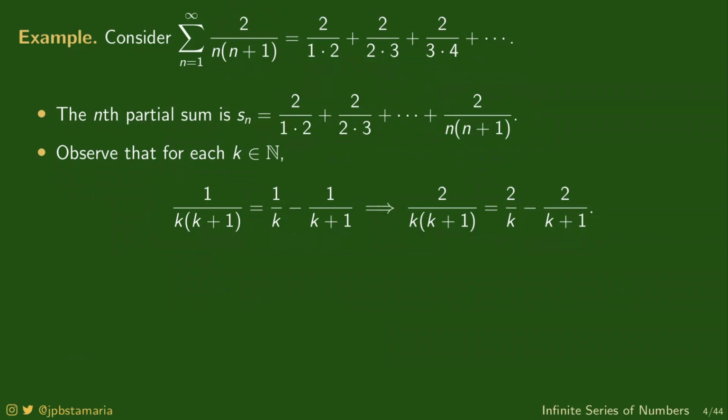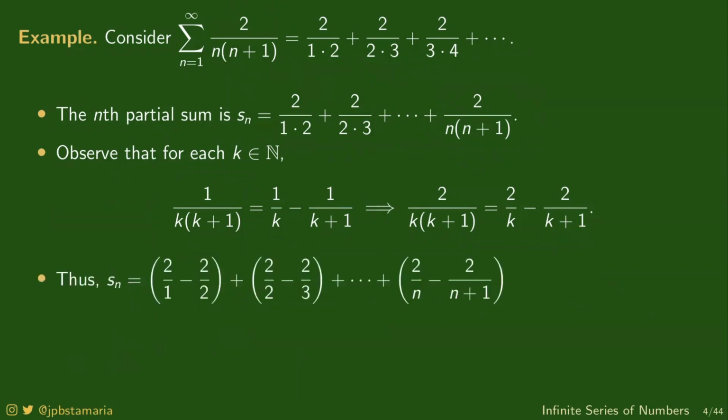Alright. Now, how do we use that? For example, 2 over 1 times 2 is basically 2 over 1 minus 2 over 2. For example, 2 over 2 times 3 is basically 2 over 2 minus 2 over 3. And so on.